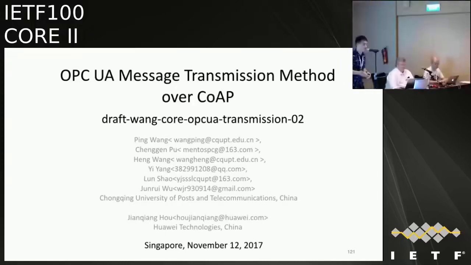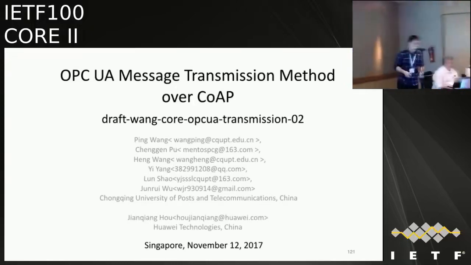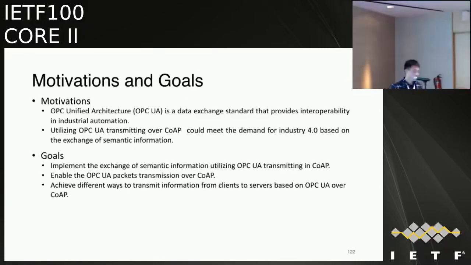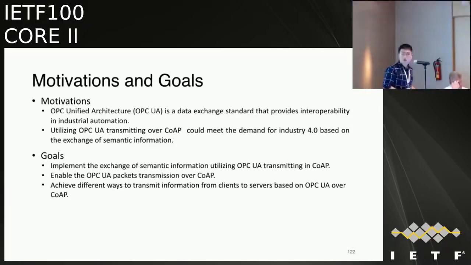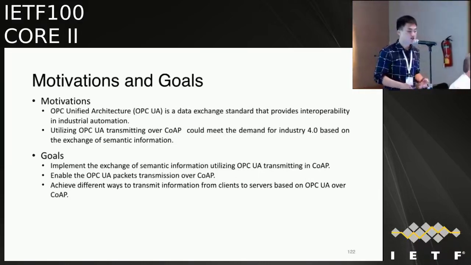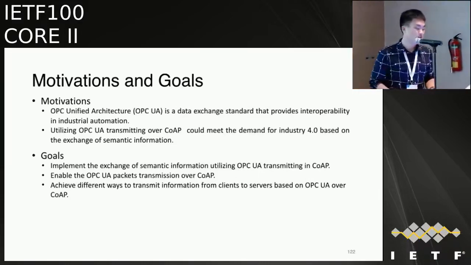Hey, it's the first time to talk about our draft. Our draft is named OPC UA Message Transmission Method over CoAP. It's Junrui Wu. First, let's talk about our motivations. Our motivations are clear. OPC UA is a data exchange standard that provides interoperability in industrial automation.